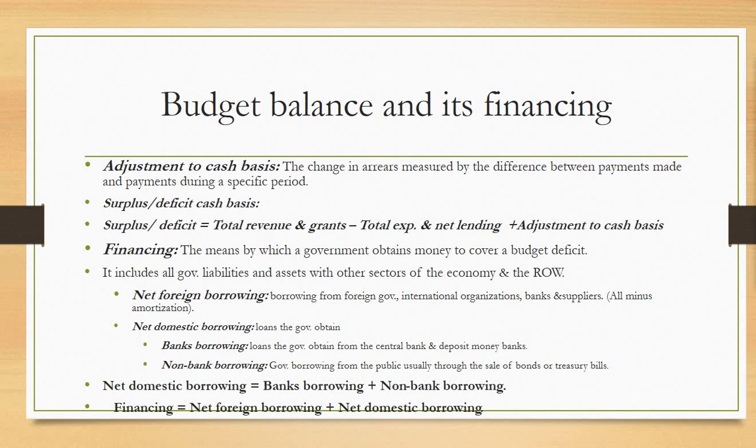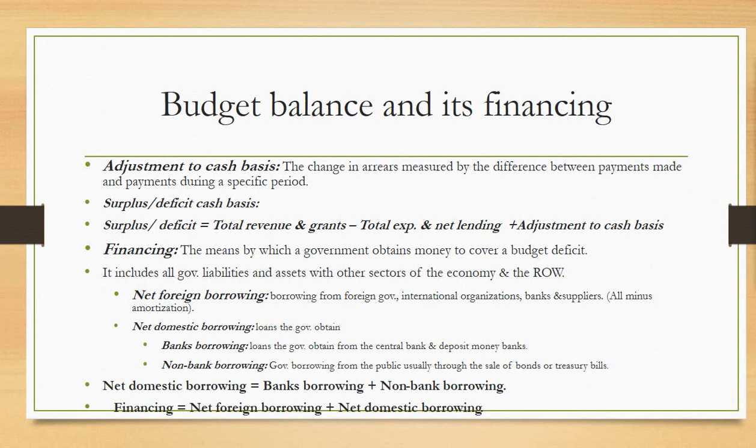Now we would like to finance the surplus or deficit. Finance means that you would like to obtain money or use the excess money, if there is an excess, in any other transaction. Finance can be through net foreign borrowing or net domestic borrowing.